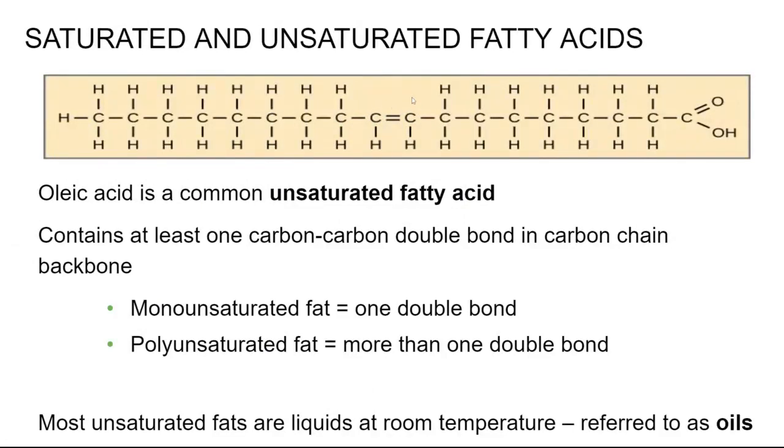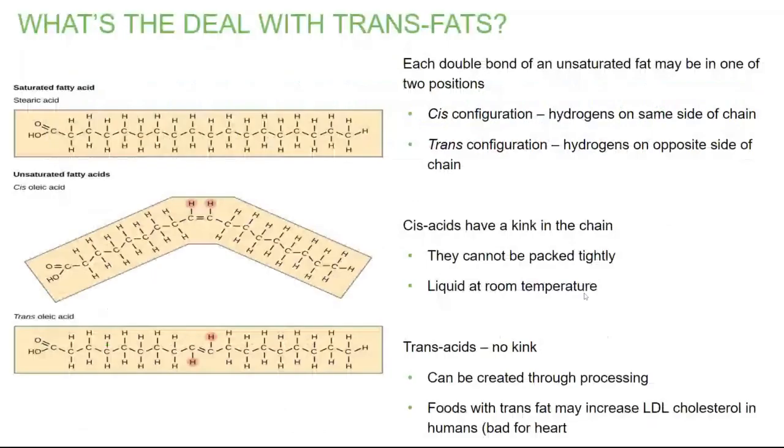So this would be a monounsaturated fat because it only has one double bond, but anything more than that is a polyunsaturated fat. It has more than one double bond. Usually these double bonds cause kinking, or like a turn in the structure of the fatty acid, so they don't stack neatly one on top of another, which means they're usually liquid at room temperature, like your oils.